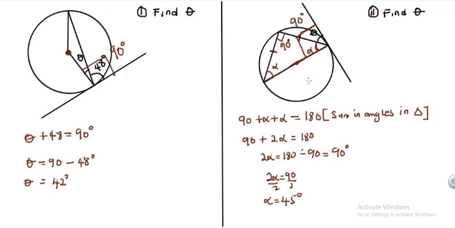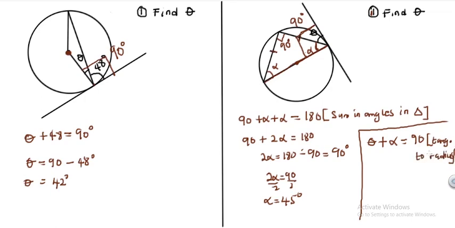Since I know alpha is 45 degrees, I can get my theta here. How can I get my theta? I simply know that theta plus alpha is equal to 90 degrees. The reason is because I have my tangent line to radius, which is abbreviated.